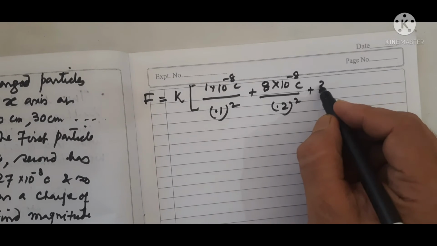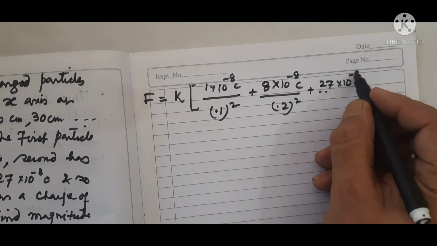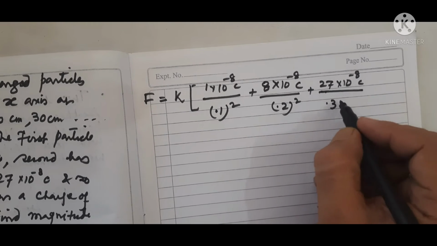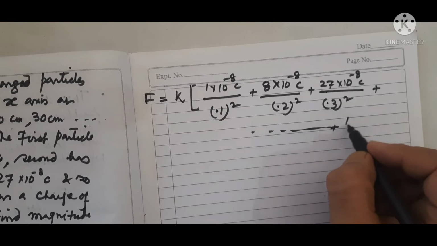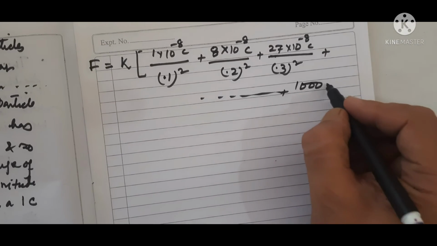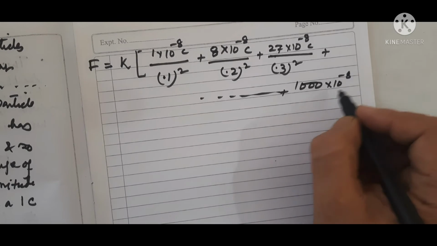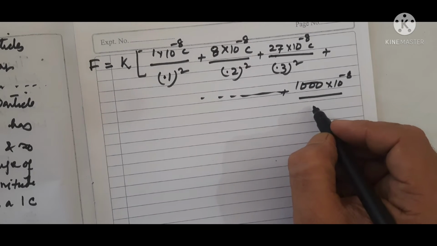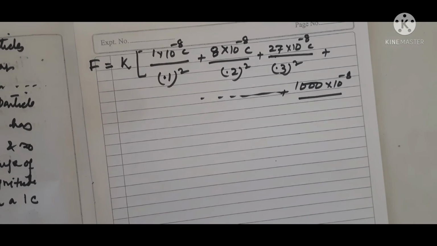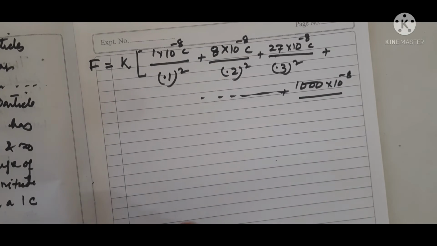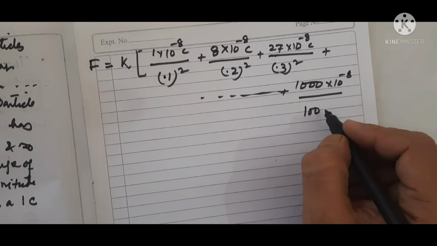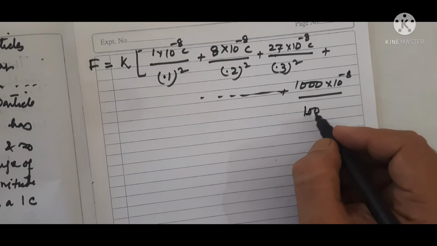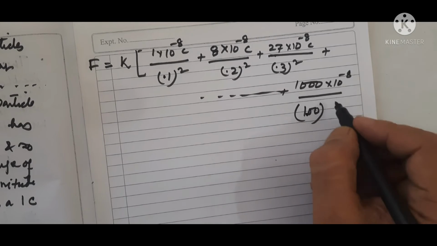Similarly here it is 27 into 10 to the power minus 8 coulomb by 0.3 squared, and so on. And the last one is 1000 into 10 to the power minus 8 coulomb by the distance 100 centimeter, that is 1 meter, squared.